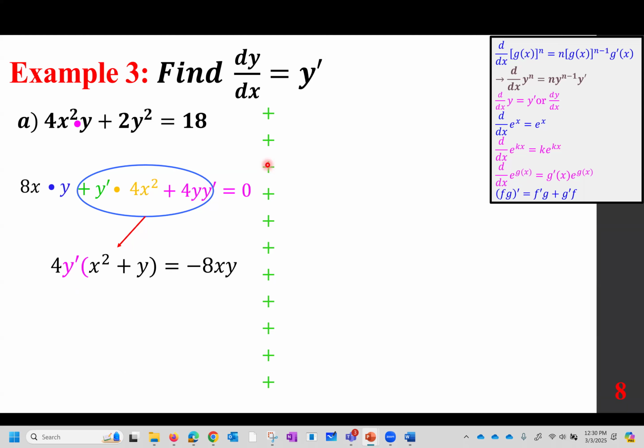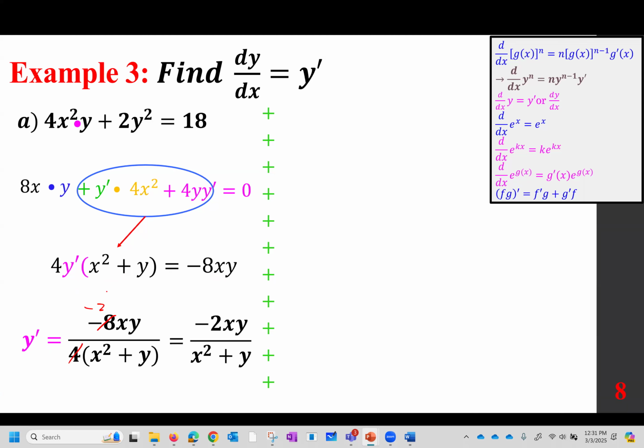Basically, put 4 times (x squared plus y) as the denominator of the right side. You are dividing both sides by that. 4 goes away. Negative 8 changes to negative 2. The final answer becomes y prime equals negative 2xy over (x squared plus y).